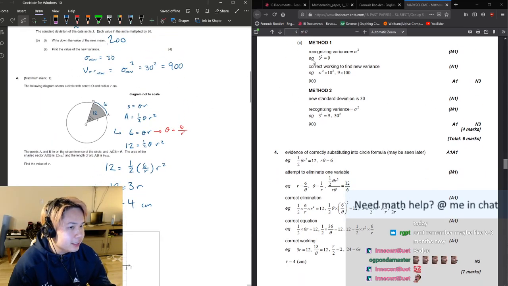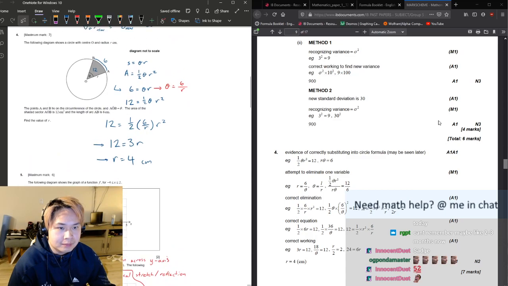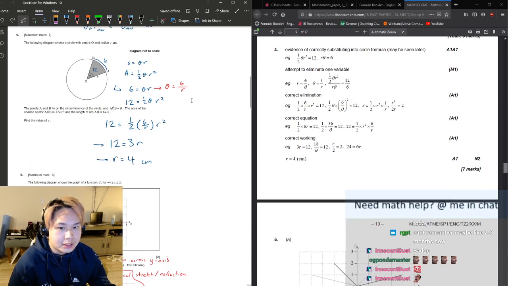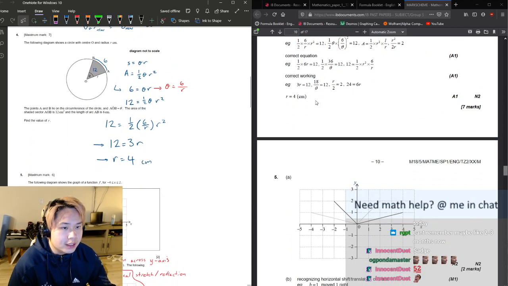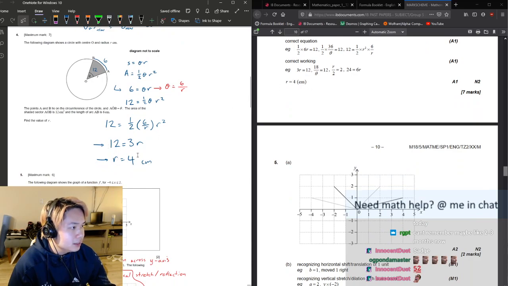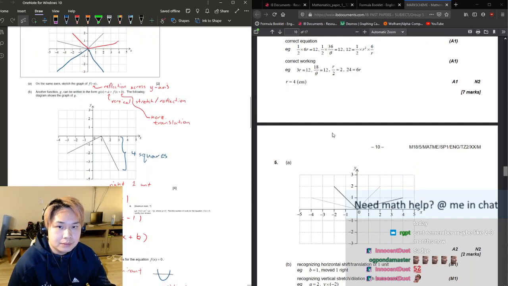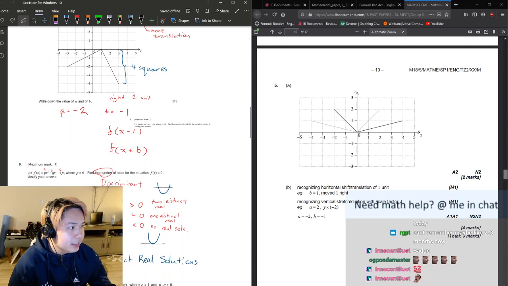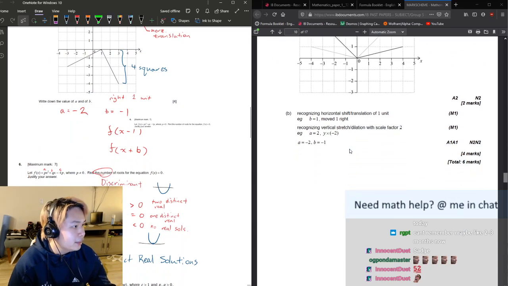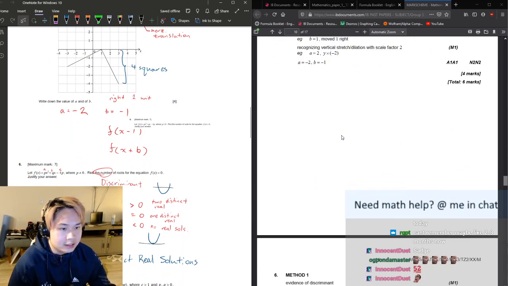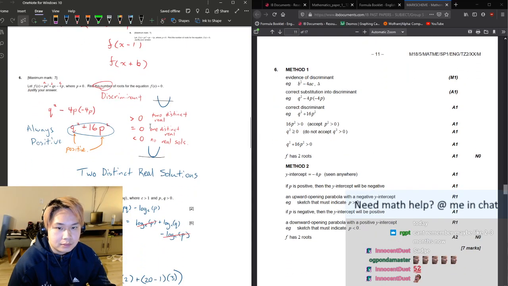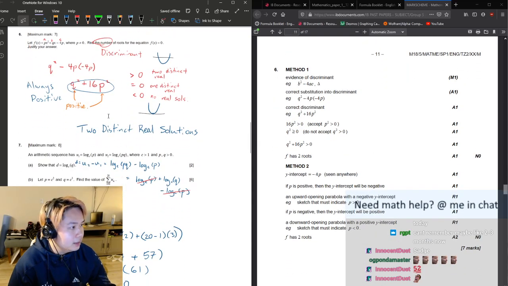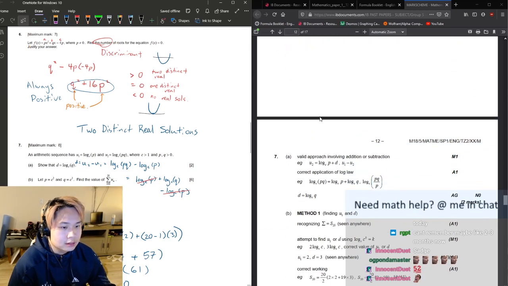And then variation is 900, 900. Okay, R is 4 centimeters, yep. Okay, I did the drawing right there in red, so that's good. And then A is negative 2, B is negative 1, so that's good right there. This one I know it's right because it's like an explained question, which I did.